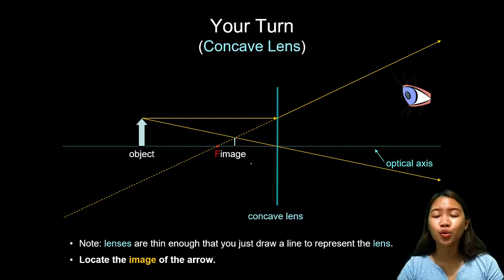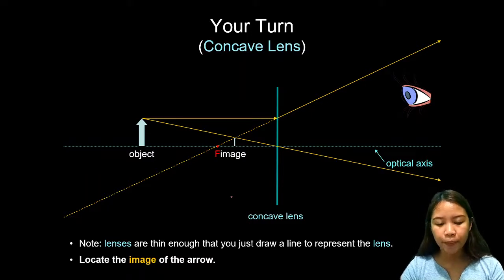Okay, now, what happened to the image? For our pattern, it's straight, tiko, and then slant. Straight, tiko, and then slant. So, every time the ray bends, always remember that it is always aligned to the focal point, forever and ever.